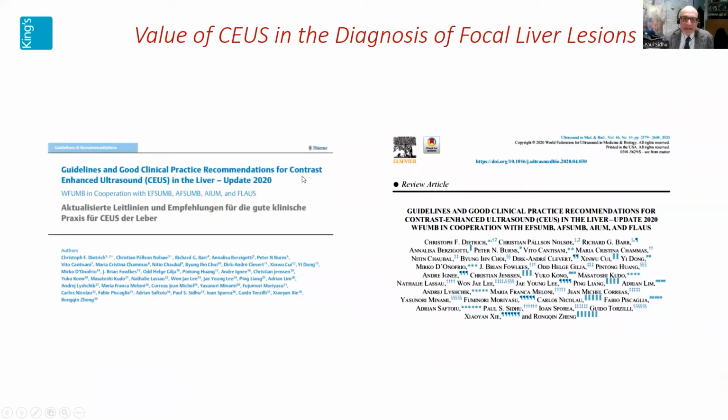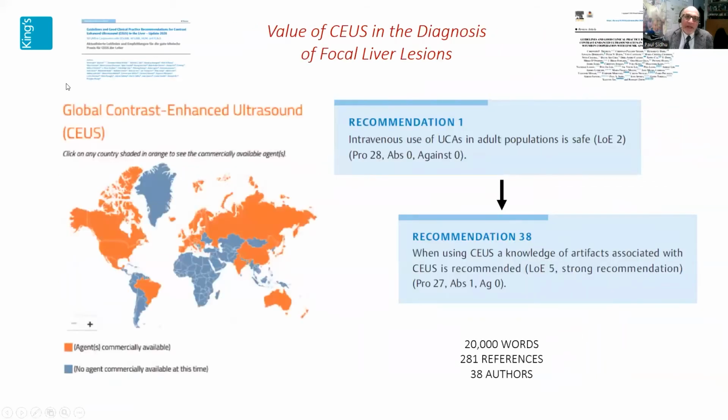And more recently, these are the most up-to-date guidelines on the use of contrast-enhanced ultrasound in focal liver lesions. And there is plenty of evidence now for you to begin practice or consolidate your practice. The new guidelines had 38 recommendations from the level of safety right round to the level of knowledge of artifacts associated with the use of contrast. 20,000 words, 281 references, and 38 world experts.